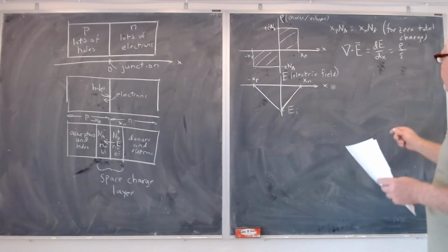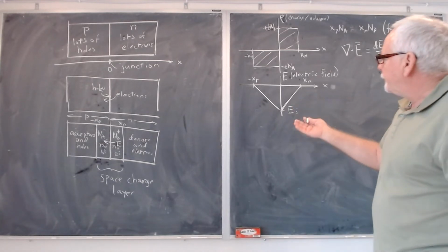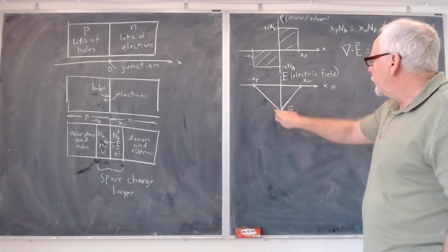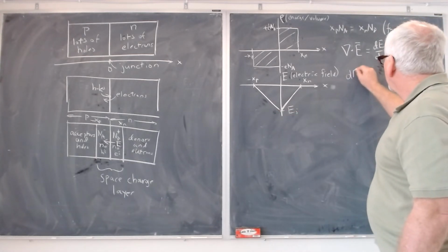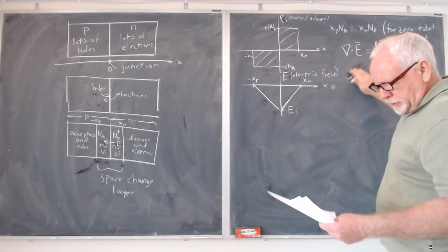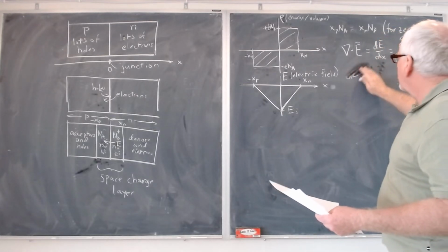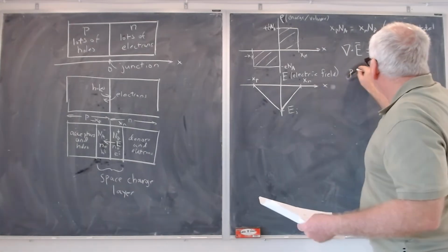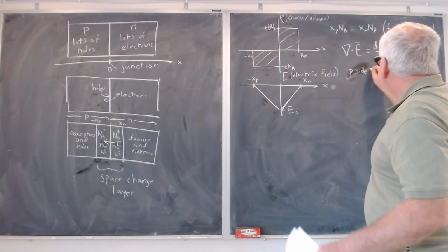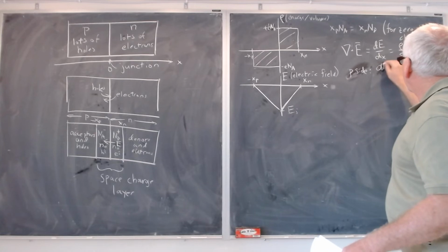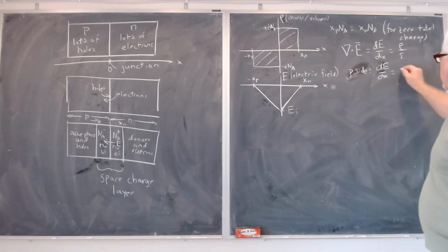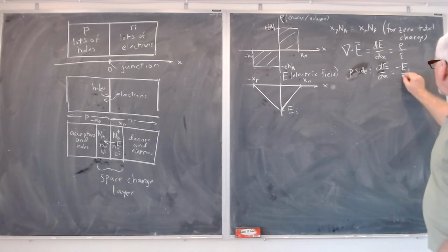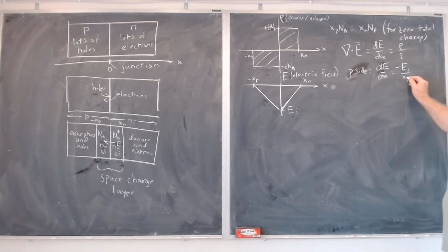All right, and so we can start to figure this out. Let's do it this way. Let's do the P side, dE/dx. Now, what is dE/dx? Well, it's negative E_j over x_p, right?